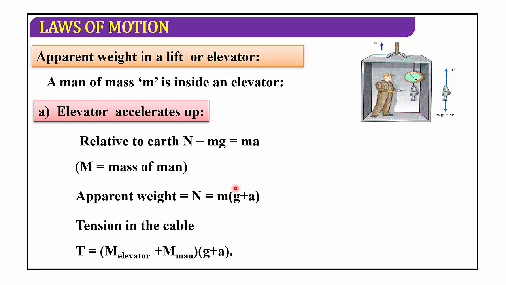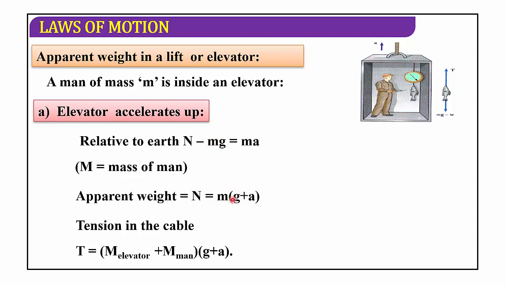When it is moving upward, you feel very heavy because along with the acceleration of the man in the giant wheel or the elevator, we have to consider acceleration due to gravity, G plus A. So your apparent weight is supposed to increase. So we can write F equal to M into G plus A, or N equal to M into G plus A.